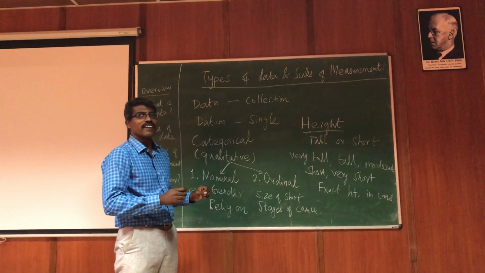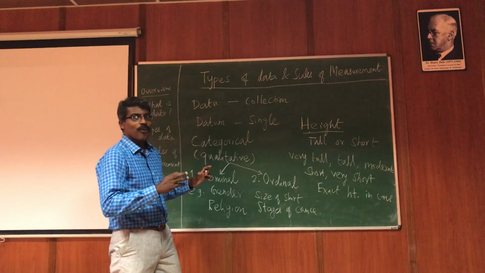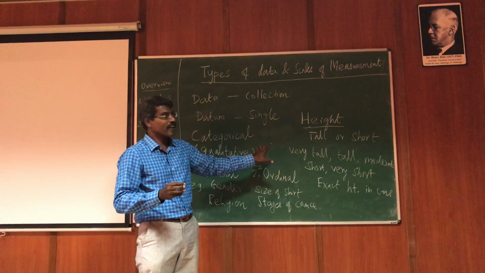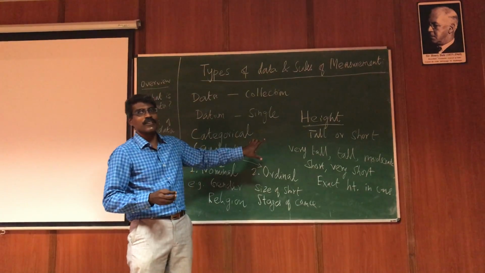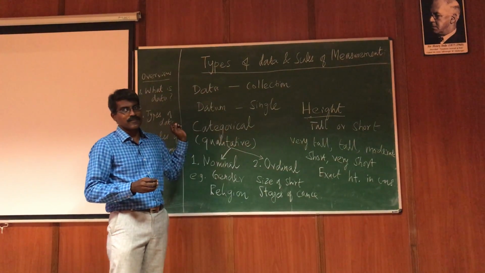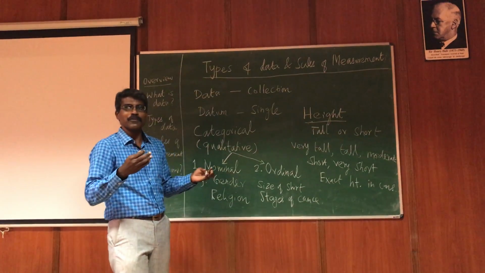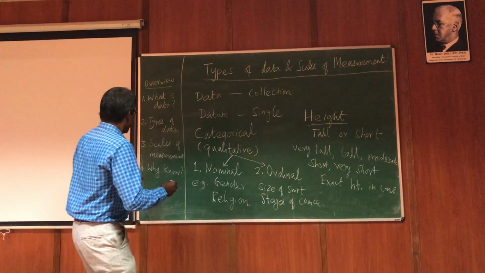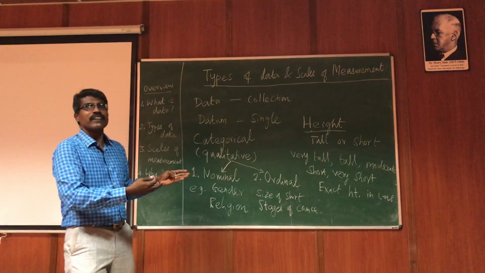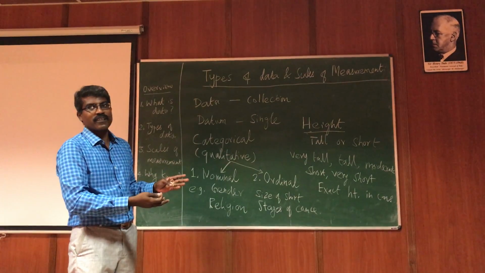There's a very good article in the British Medical Journal, the cost of dichotomizing data. Please have a look at it and you will have a very good read about this concept, why we should not be doing this when we try to measure these kinds of continuous variables. Now let's come to the last part of this session. Why should we know all these different types of data and the scales of measurement?